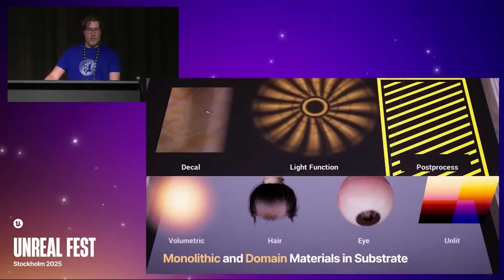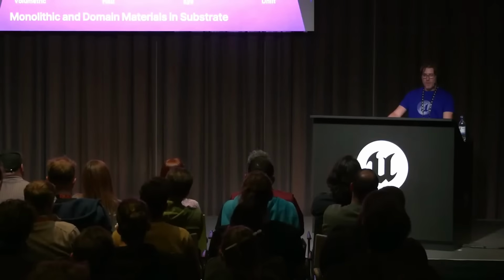Examples of this include volumetric, hair, eye, unlit, and single-layer water. All of these are considered monolithic and will not respond to substrate blending operators. These non-composable materials still play a role, but most of what you'll create in Substrate starts with slabs, the core building blocks of the system.